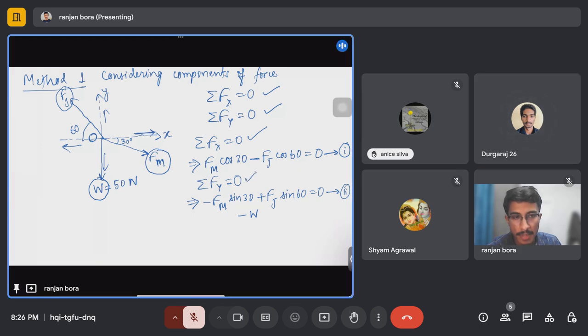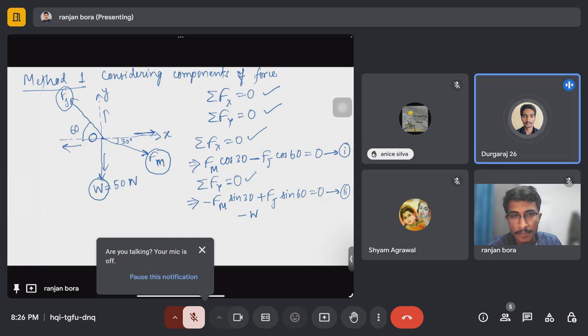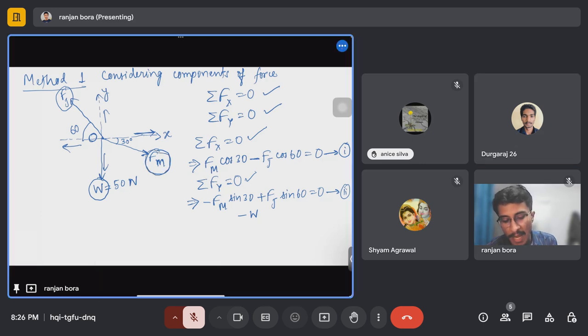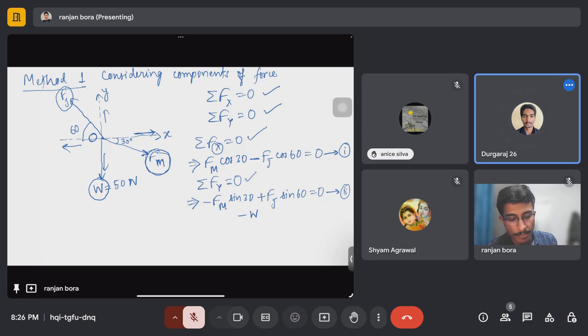Yes, you are correct. And the reason for taking cos 30 is the component of this force Fm along the x direction, right? Summation of Fx means all the forces acting along the x direction. So we need to consider the components of all these forces acting along the x direction. Okay.